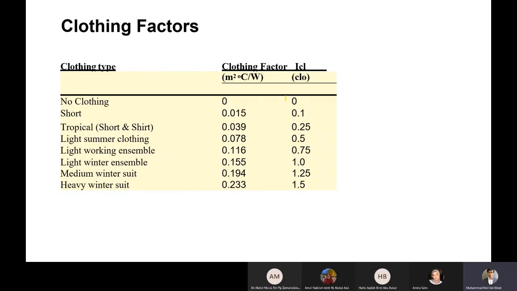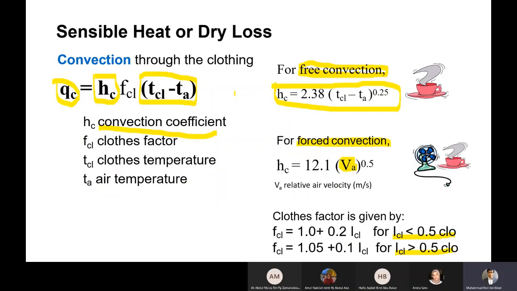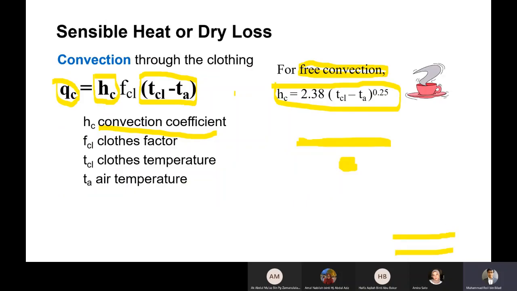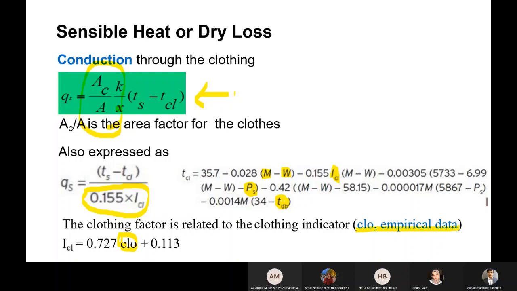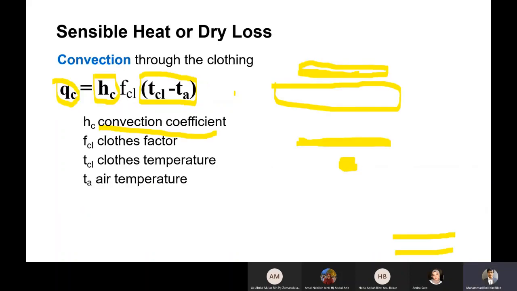You got the CLO in this unit, and you have the one in this unit. So we need this coefficient to be able to solve the convection and conduction. We use this ICL, the CLO.